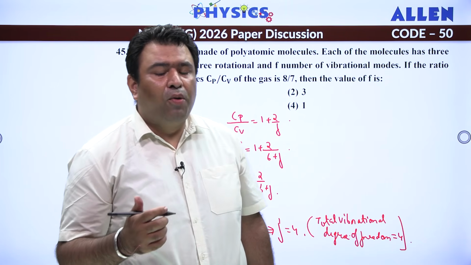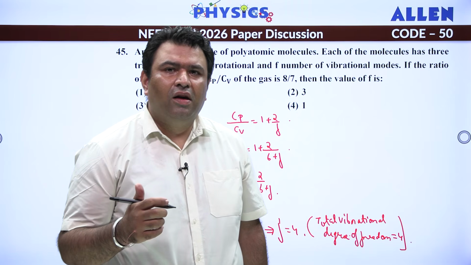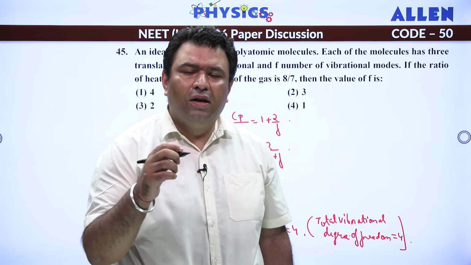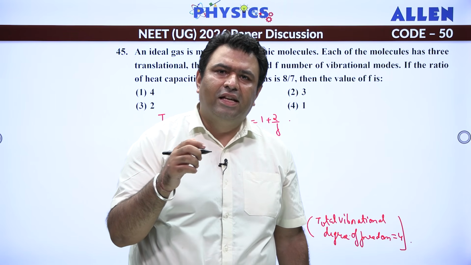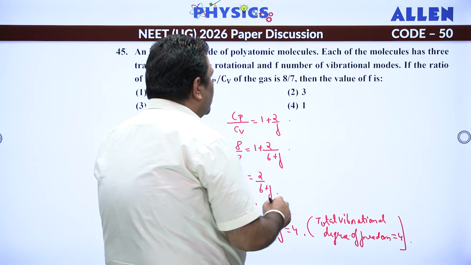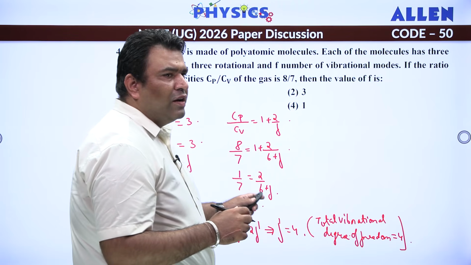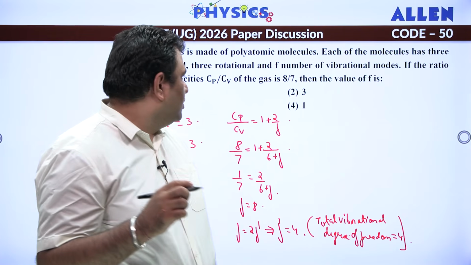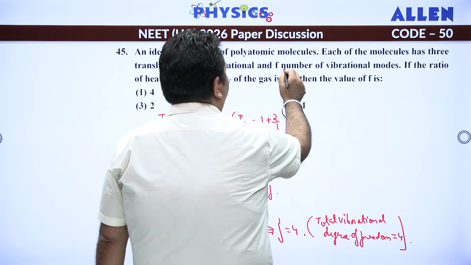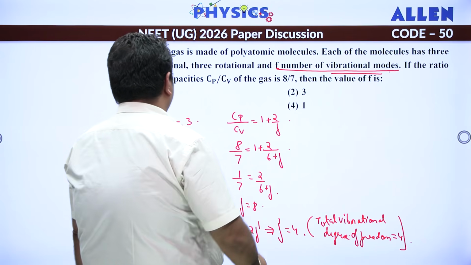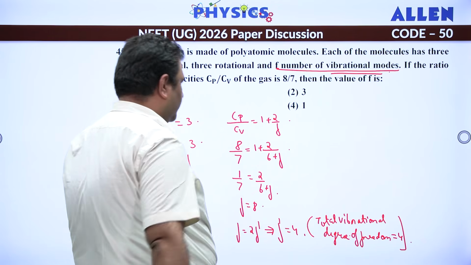Basically, in a polyatomic molecule, the number of kinetic energy degrees of freedom is the same as the number of potential energy degrees of freedom. This implies that the total number of degrees of freedom comes out to be 8 in this question, which means the number of vibrational modes will be 4. So the answer is the first option. Thank you.